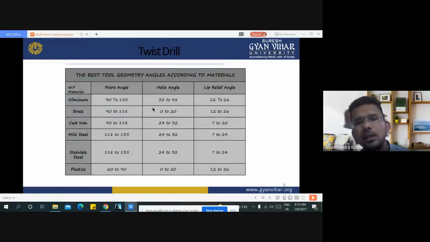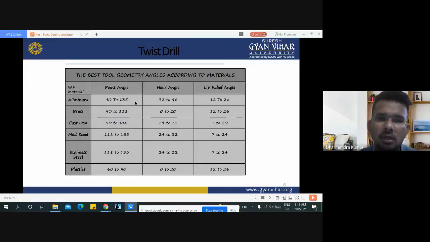These are all the values of the angle in degrees, like 90 degrees to 135 degrees. For brass, point angle 90 to 118, helix 0 to 20, lip relief angle 12 to 26.